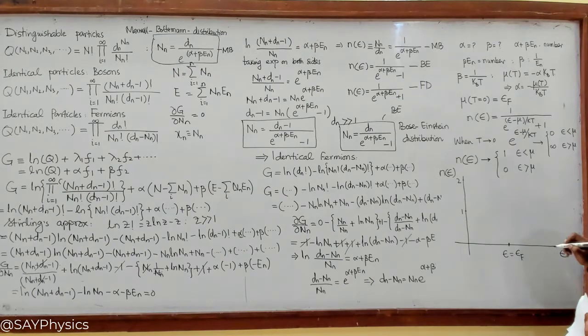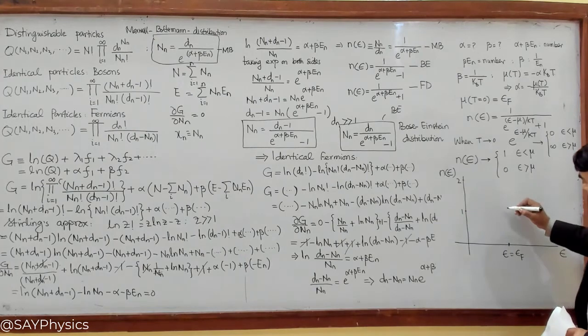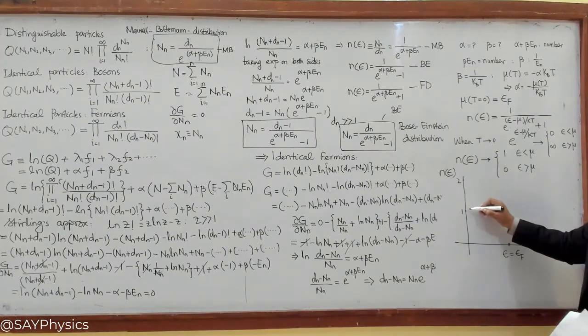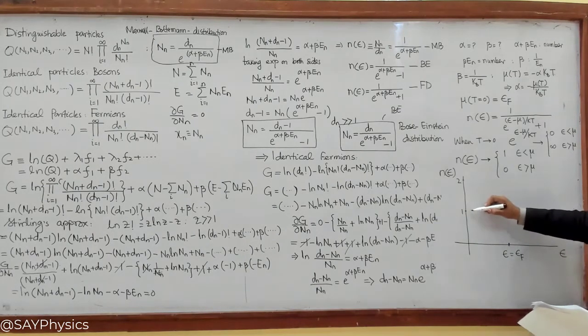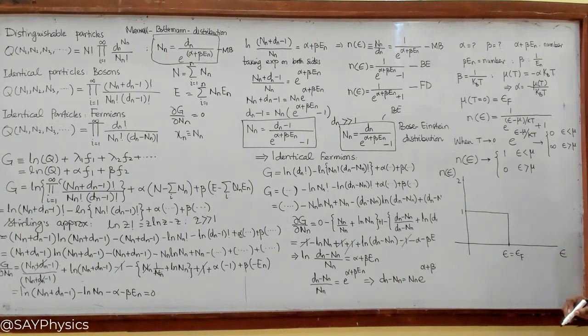Then you know that when it is a T equal to 0 situation, like here, the N(E) value is 1, and it is here, and as it crosses the EF, it falls down quickly to this value. And this I call the T equals to 0 situation.